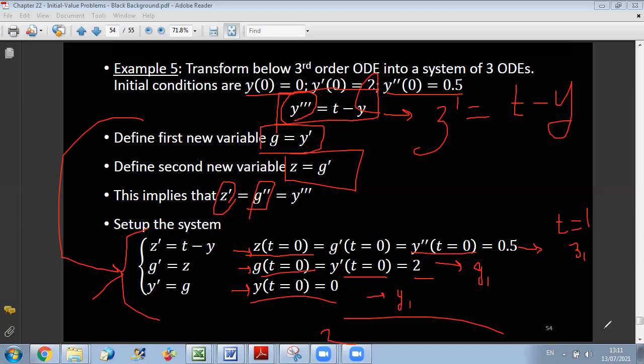I mean, I tell you integrate between 0 and 3 with a time step of 1. You should evaluate at 1, at 2, and at 3. At t equal 1, what are the values of z, g, and y? At t equal 2, what are the values? At t equal 3, what are the values?